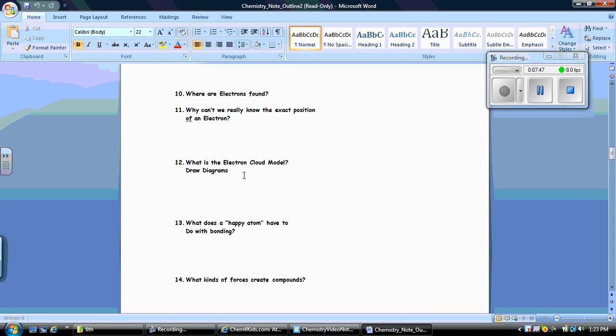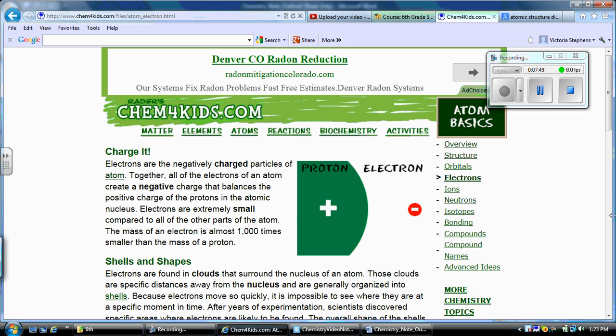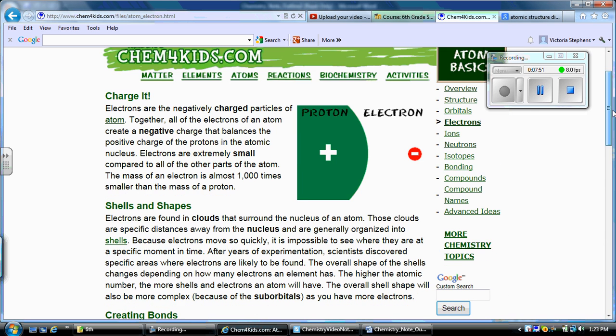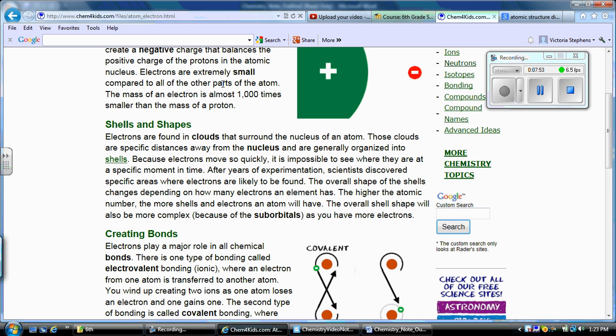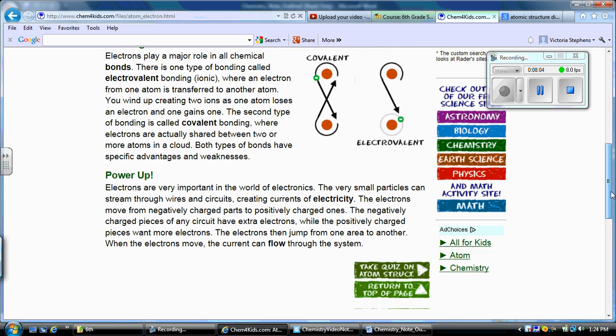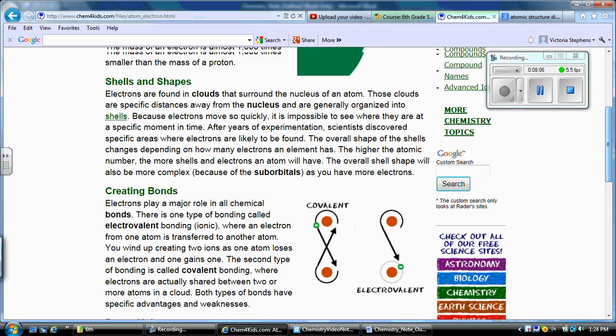What is the electron cloud model? Draw a diagram. So let's go here. See if this is going to have it. Shells and shapes, clouds. The second paragraph is talking about electron clouds. So you're going to want to read that. Now, you're probably asking, well, where's the diagram, Ms. Stevens? I don't see one on this page.